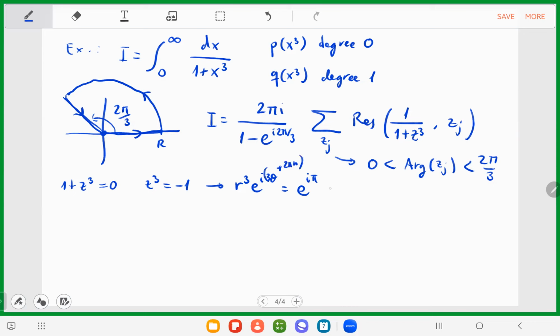So for these numbers to be equal, the modulus has to be equal to 1, and 3 theta plus 2 pi n must be equal to pi. This gives theta equal to pi divided by 3 plus or minus, that doesn't matter because n is an integer, 2 pi n divided by 3.